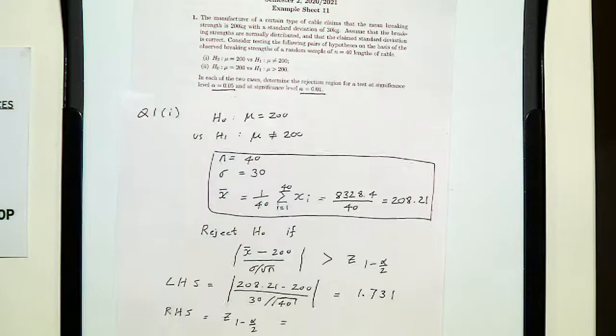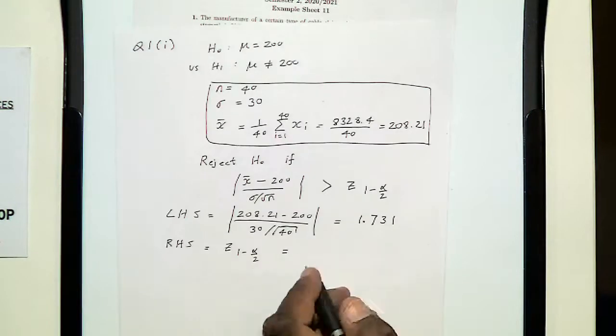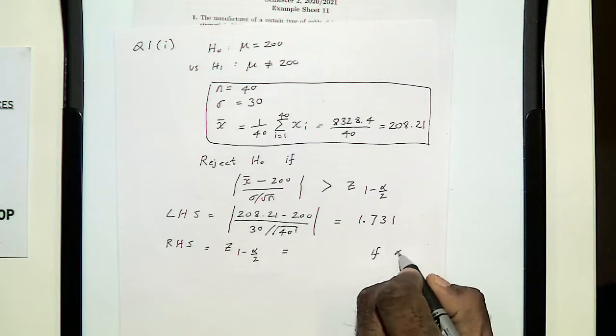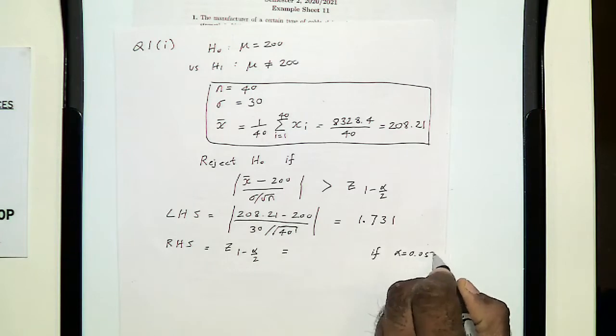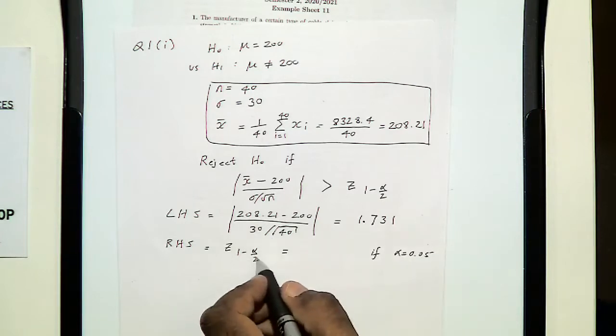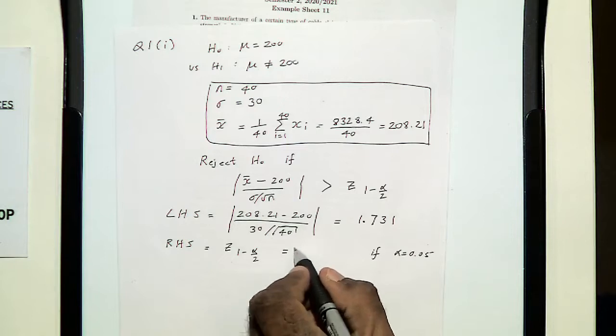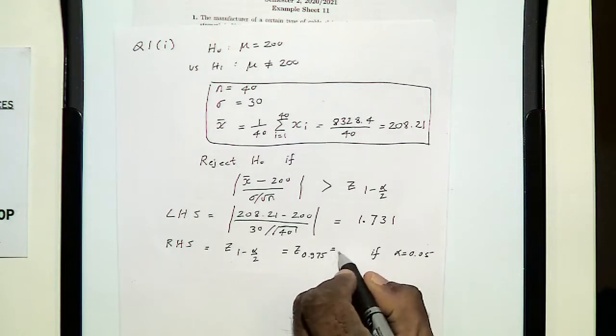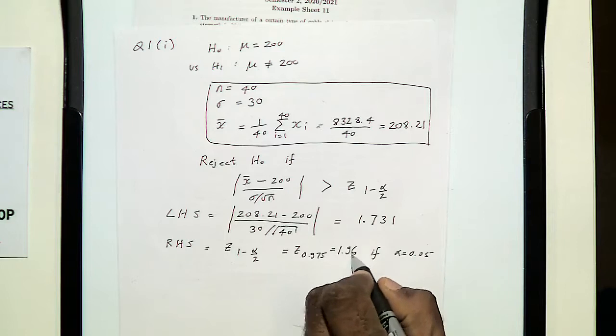If alpha is 0.05, then this works out to be equal to 1.96.